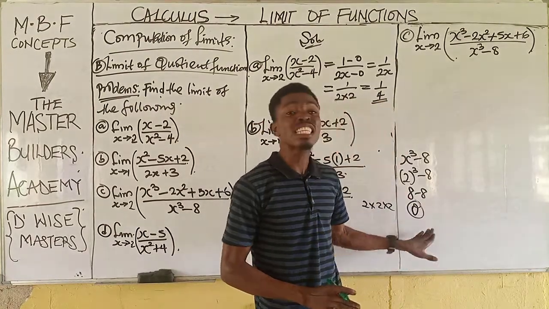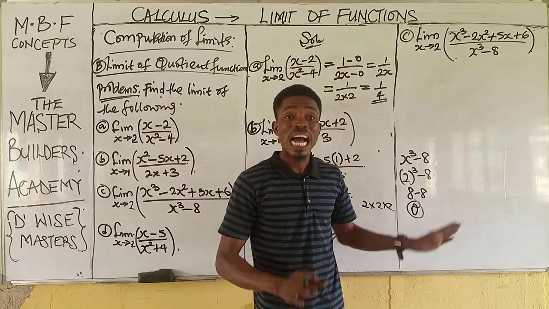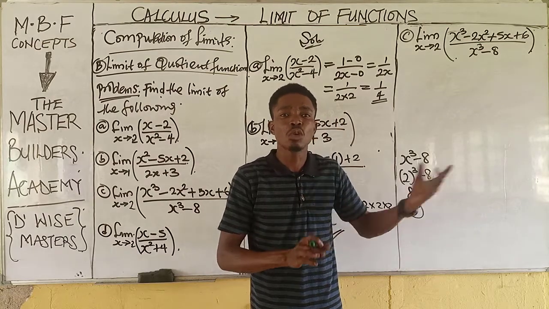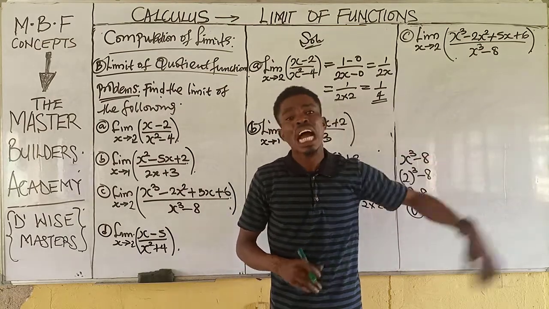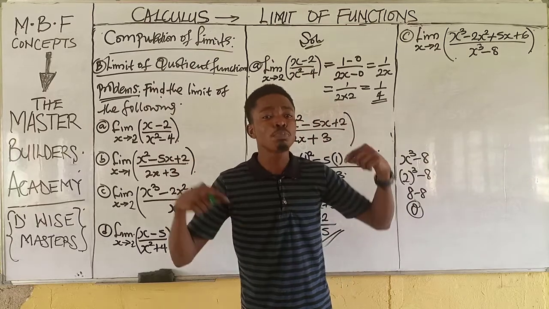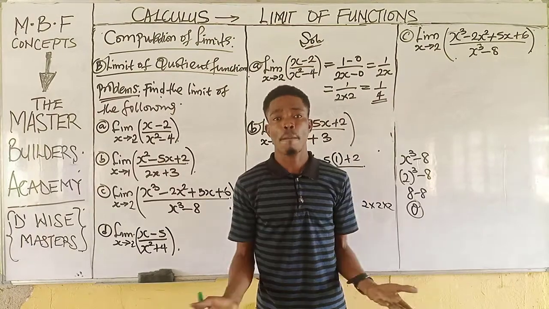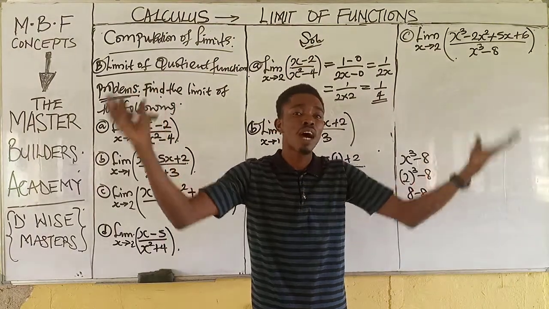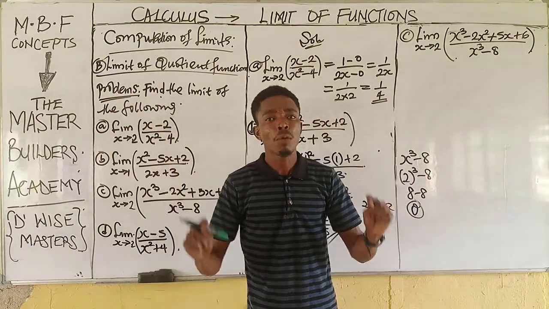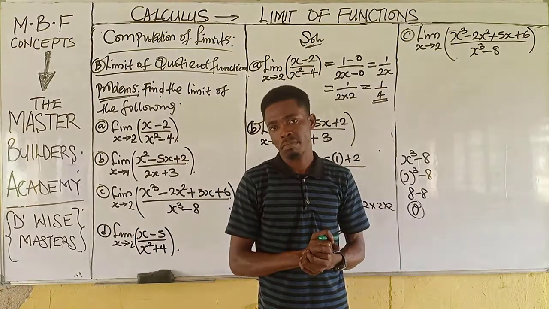So, now that I have 0 at the denominator, I definitely know that if I substitute the values directly, I'm going to have it wrongly. So, what must I do to ensure that this denominator is not 0? It can be 1, 2, 3, 4, and above. It can be a negative value, but it must not be 0. Are you there?